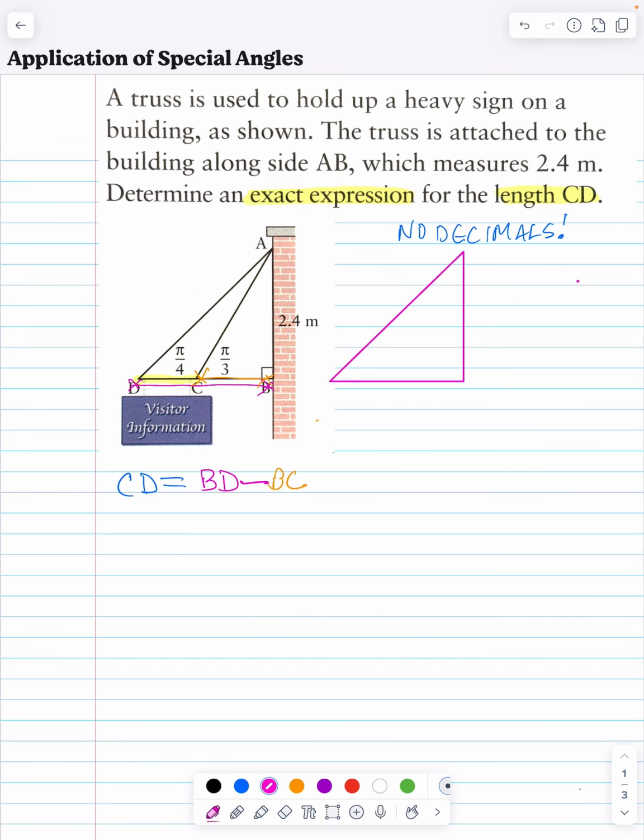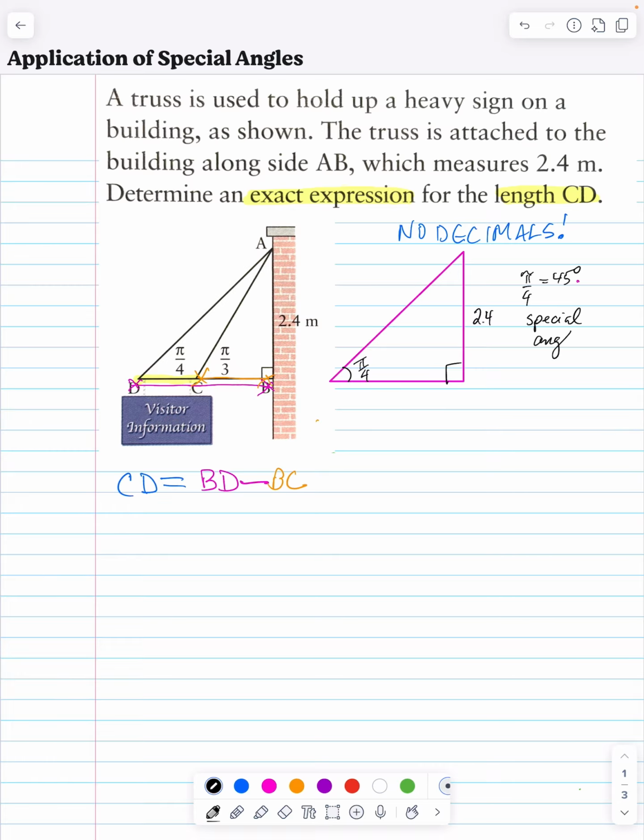And let's label it. We're going to label the 90 degrees, the 2.4 meters here, and this angle to be pi by 4. We do know that pi by 4 is the same as 45 degrees, which is a special angle.